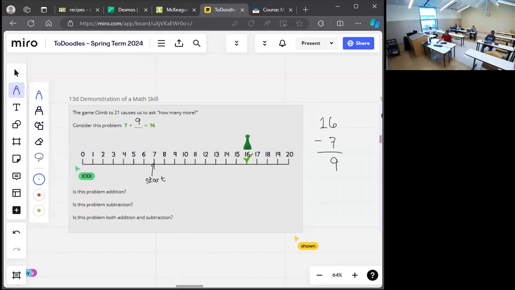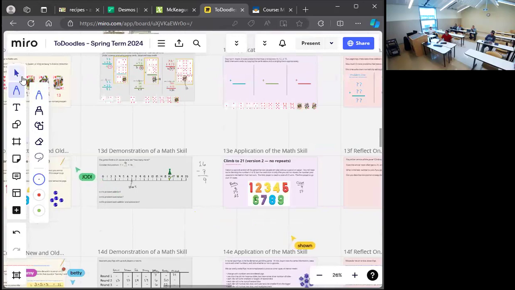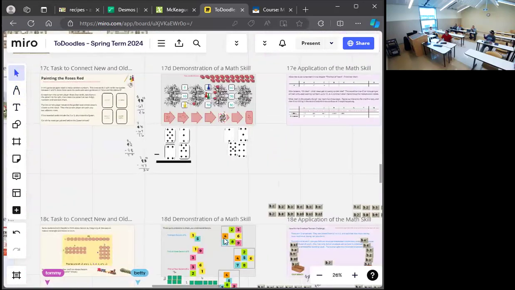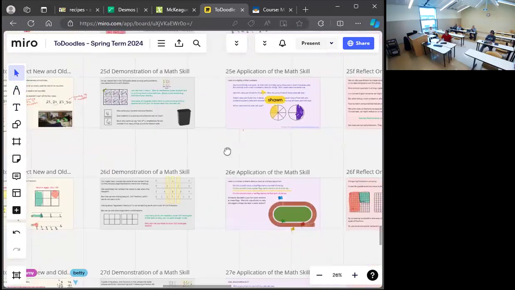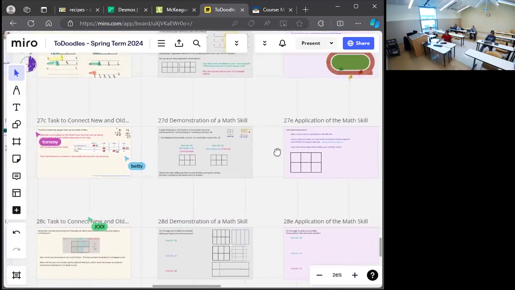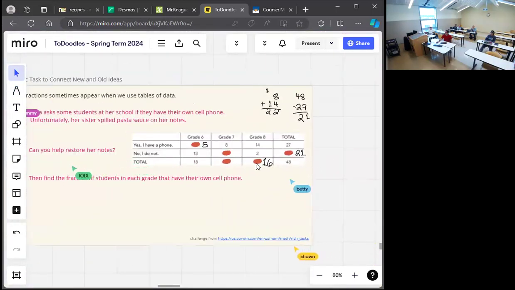There is no third one, Gavin. It's adding or subtracting. So when you're wondering how many more to get to something, then that's subtraction. So that's what we did.